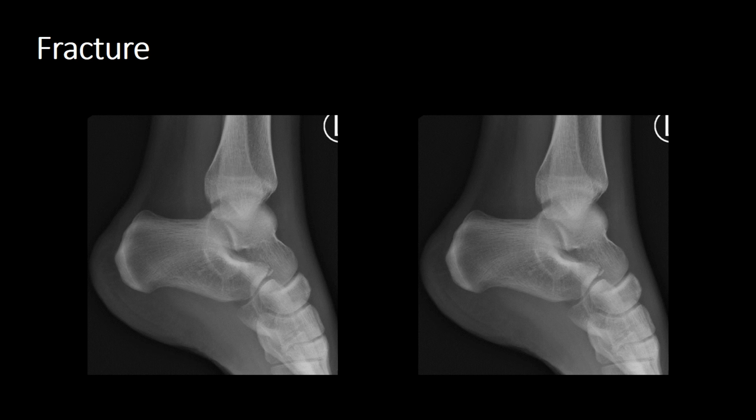So here is another view of the anterior process of the calcaneum, which we see on our ankle view, and you can see that there's just a small tiny avulsion fracture of the anterior process. So you can appreciate the anterior process on your lateral view. Please always check it, although to be fair, this area is normally best appreciated on an oblique.